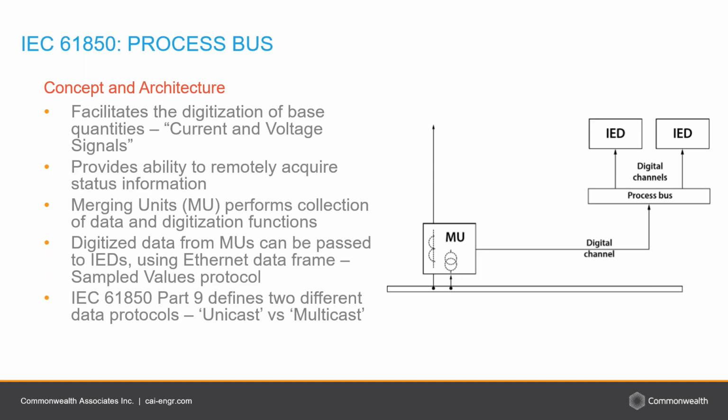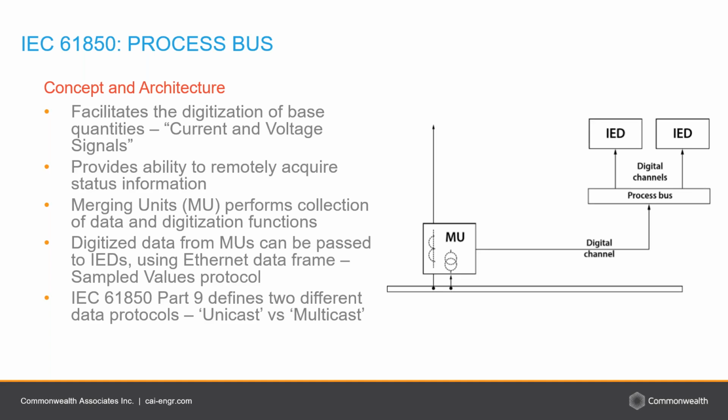So the bus differential IED can subscribe to the current signals from all these MUs, or merging units, on the line exits in order to receive data on the line currents and perform differential calculation to protect the bus. In this way, digitized data from the merging units can be passed to the subscribing IEDs using the process bus, which is implemented on an Ethernet data frame.